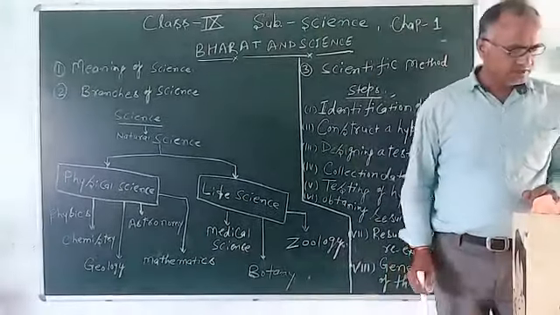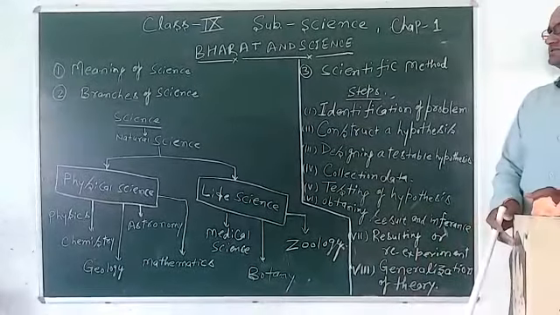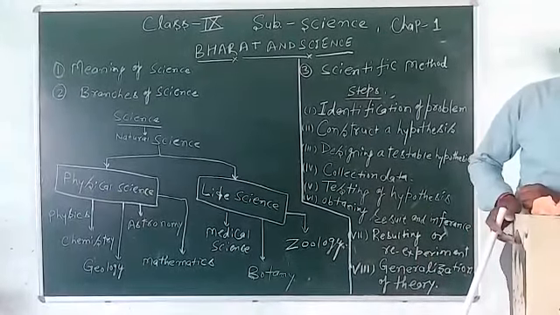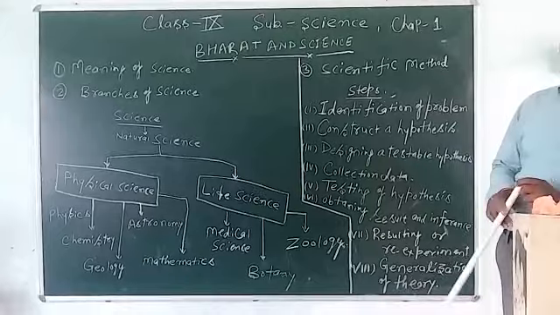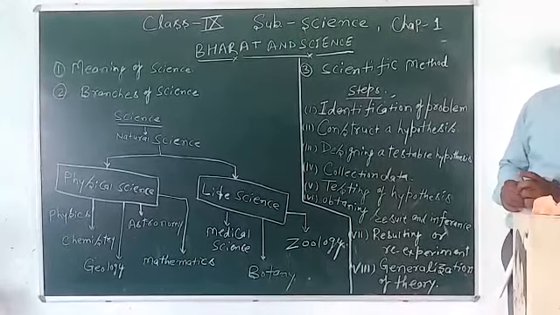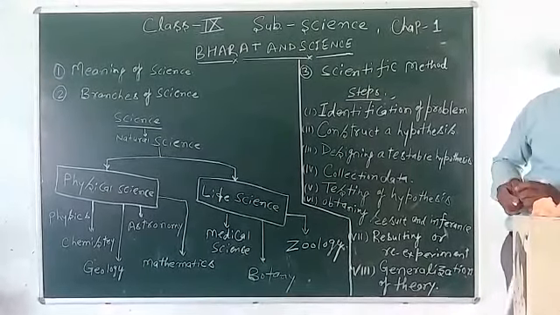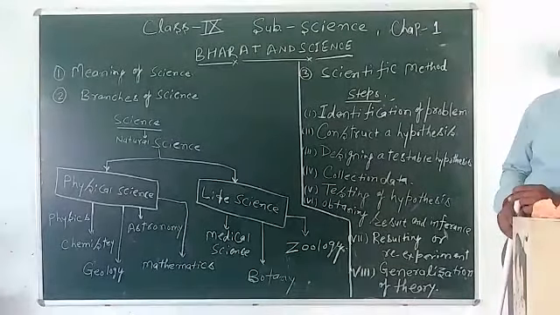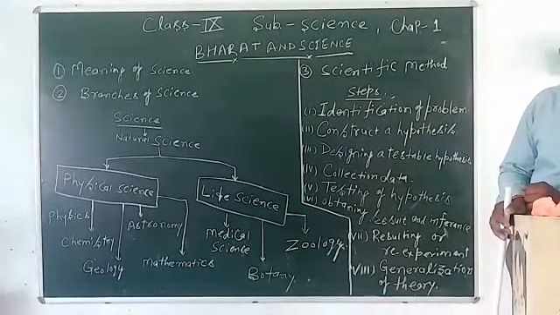Okay, so first one is the meaning of science. What is science? In ancient time, the word Vigyan appears in the Rig Veda. There is a reference of the word Vigyan in the Rig Veda.